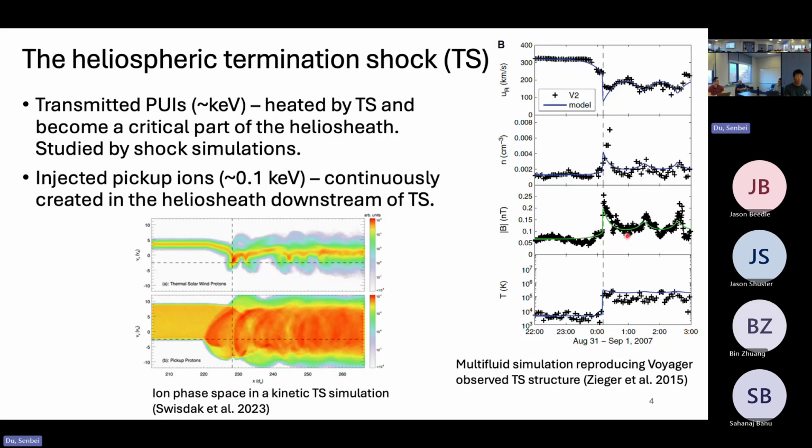Because of the two ion fluid, like in single fluid MHD, the magnetosonic waves become two different modes. In this case they have a higher frequency and a lower frequency one, and these correspond to some of these waves in the downstream.